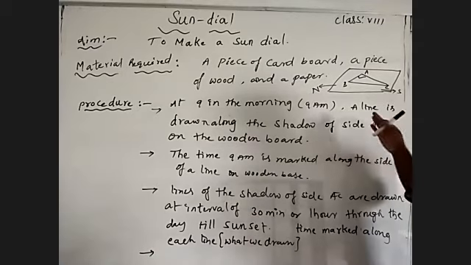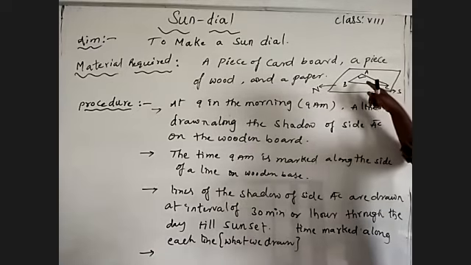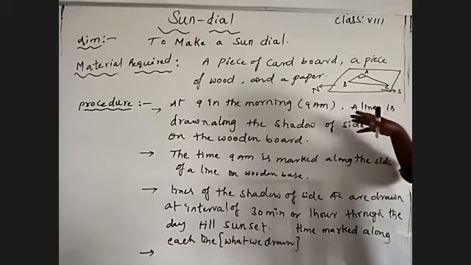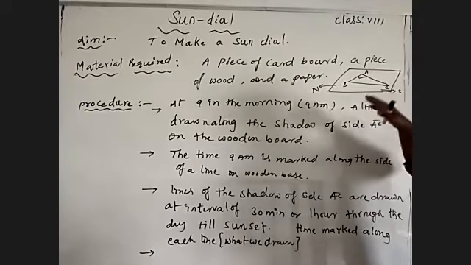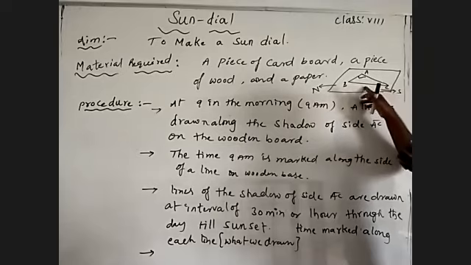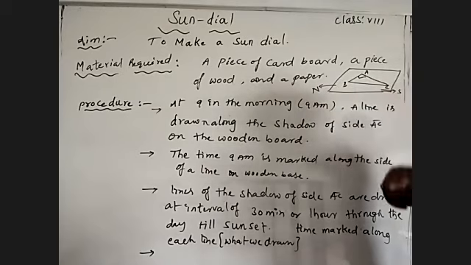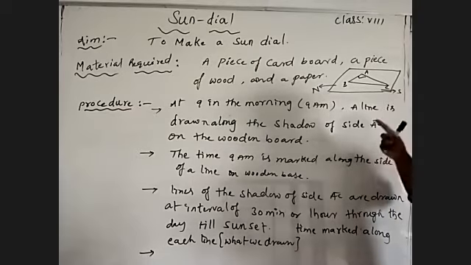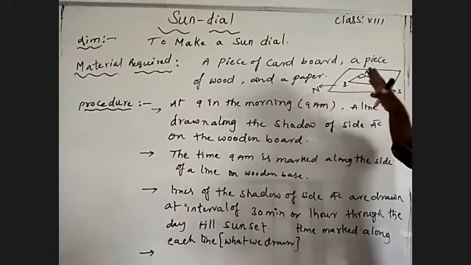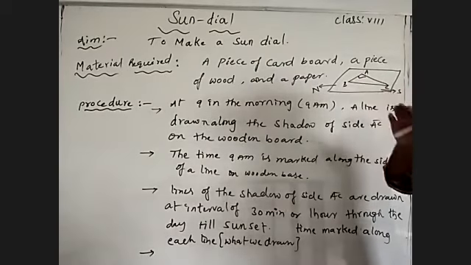By drawing those lines using the shadow of the AC side and the wooden base, we can use this device the next day by placing it in an open atmosphere under the sun. We can recognize each interval of time, because the shadow will form at the same place that we marked.